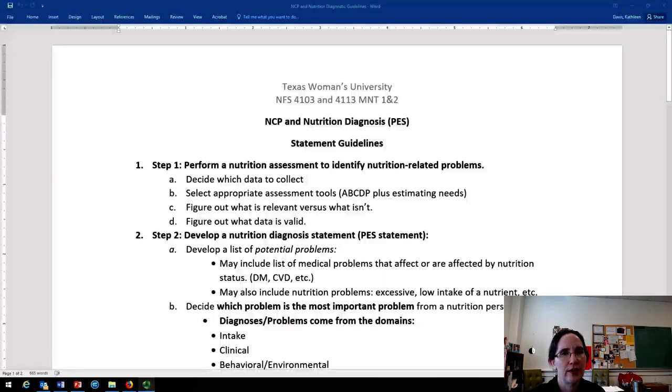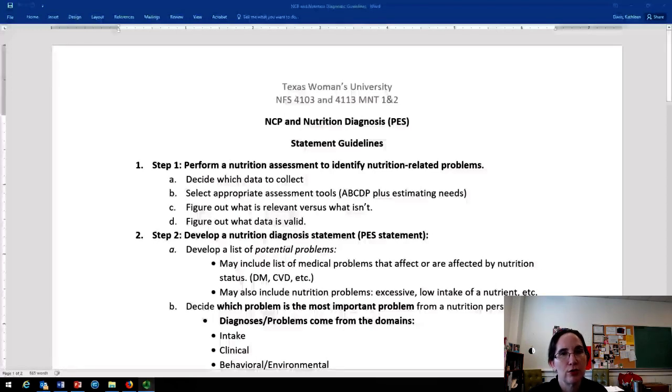Next, you'll develop the nutrition diagnosis statement, also known as the PES statement. To do this, you first need to look at your assessment and develop a list of potential problems. You might notice from the history and physical that the patient has both cardiovascular disease and diabetes. These are medical diagnoses, not nutrition diagnoses, but these medical diagnoses may affect nutrition status or nutrition may affect the disease, so it would be important to note these.